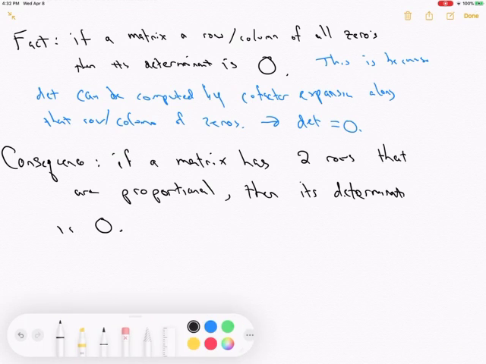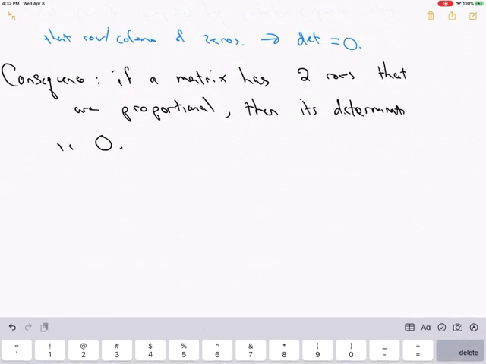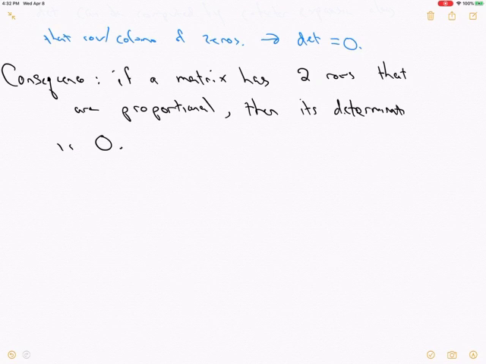Well, in the previous video, we talked about the effect of performing elementary row operations. So if you have a matrix where one row is A, B, C, it doesn't matter, and then you have another row that's 2A, 2B, 2C, and nothing else really matters.